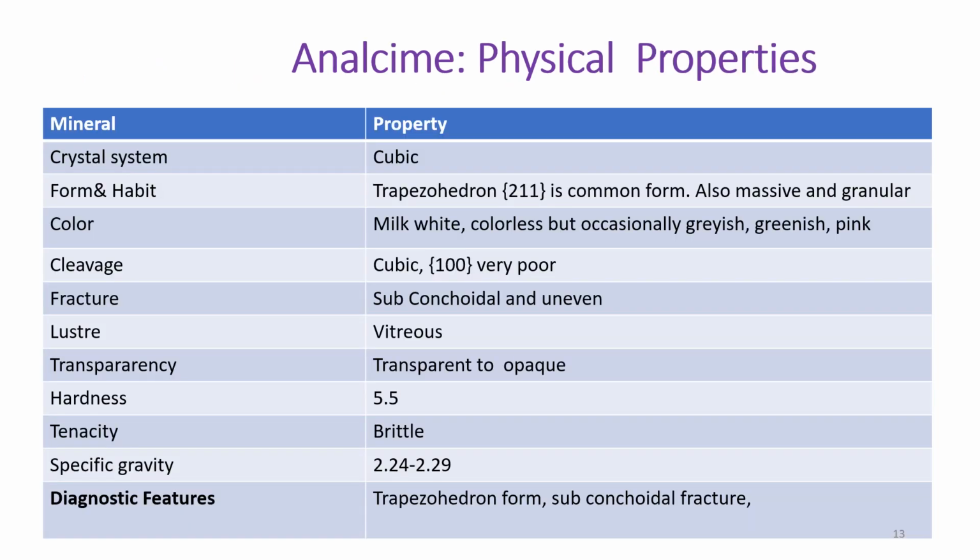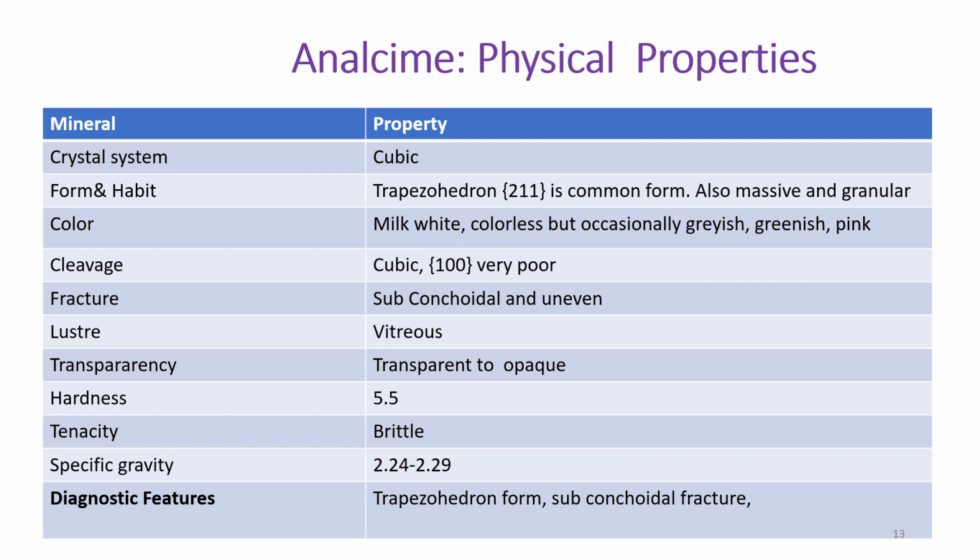Coming to the physical properties of Analcime, it belongs to the cubic crystal system, and in form and habit, the trapezohedron is the common form, and it is also massive and granular. The color is milk white, colorless, but occasionally grayish, greenish, and pink also. Cleavage is cubic, along the 100, and fracture is subconchoidal and uneven.